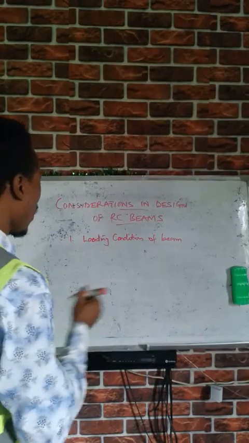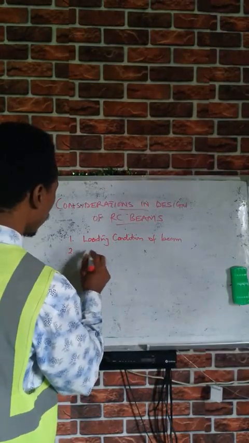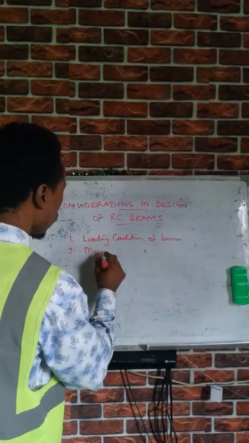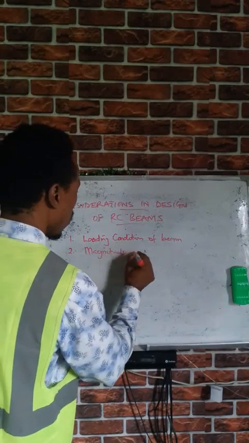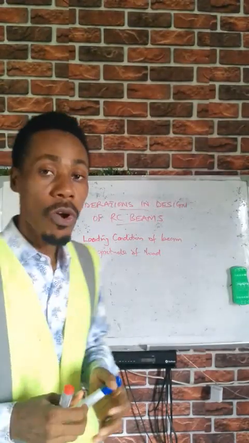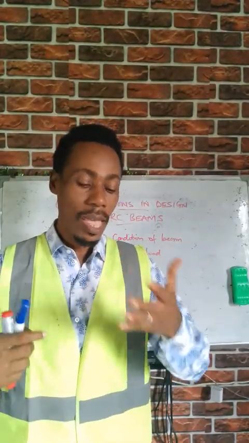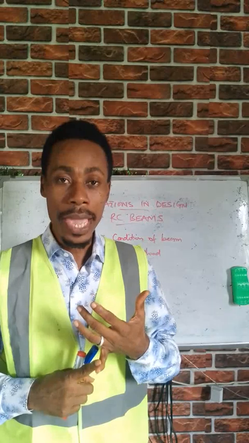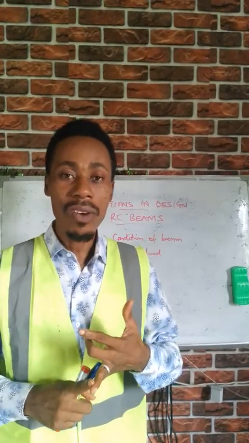Now another factor we are going to look at is the magnitude of load. You also have to consider the weight, in terms of the self weight of the beam, and you also consider the weight of the slab.